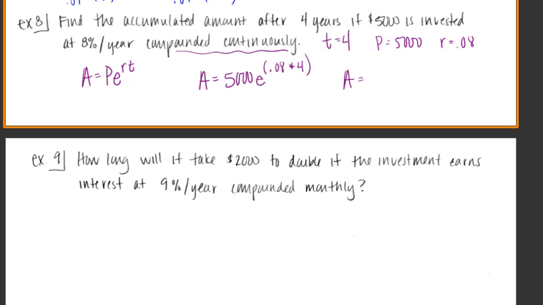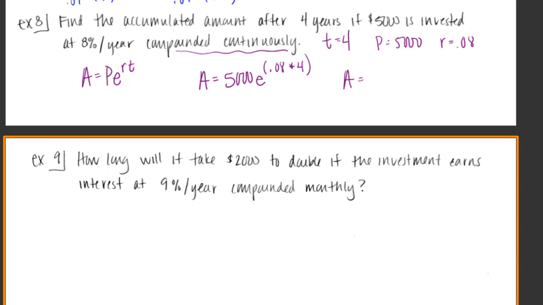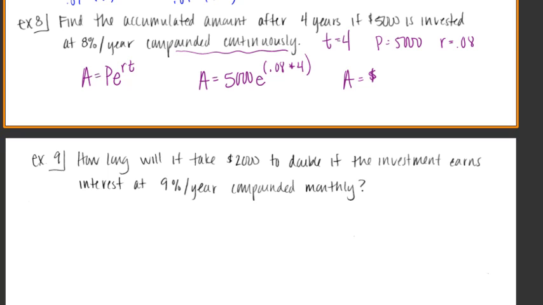It opens up everything for you, including the parentheses, and all you have to do is type 0.08 times 4, close the parentheses, and what comes out is $6,885.64. And there you go.